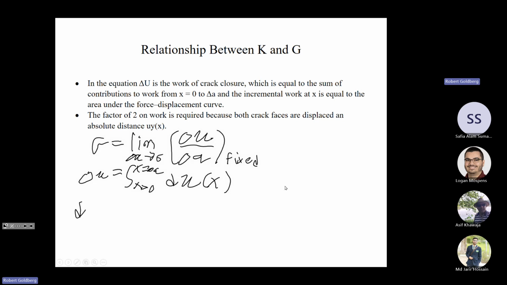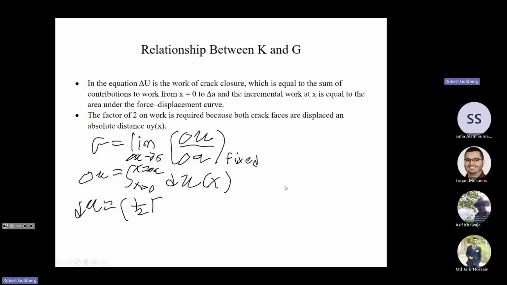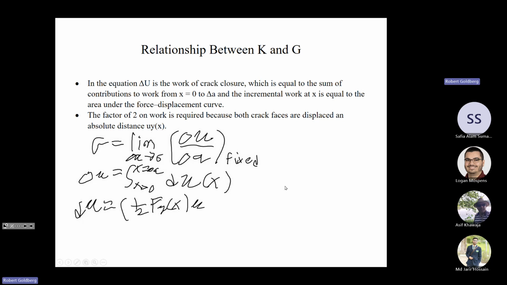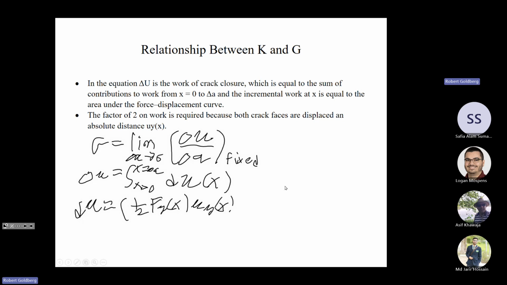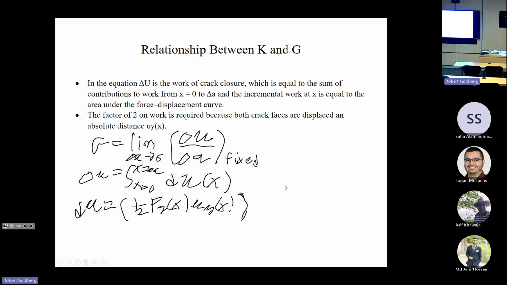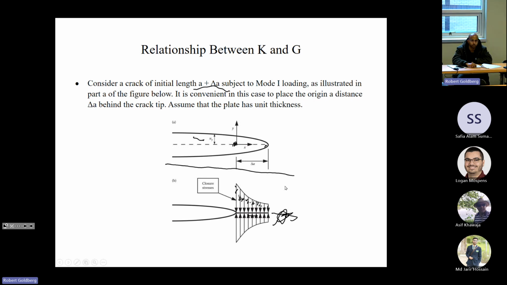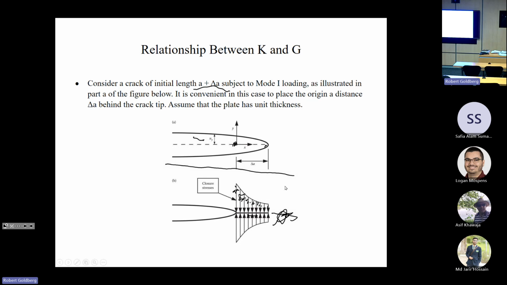And this increment of strain energy is equal to 1/2 times the force at x multiplied by the displacement at x. And since it's the area under the force displacement curve, imagine that this is a force displacement curve. So each of our little increments is a triangle.